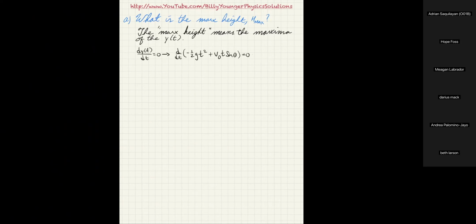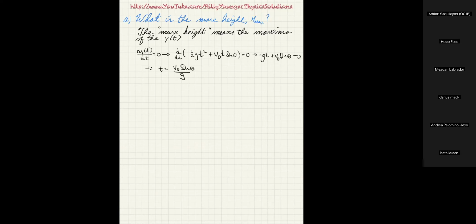The derivative of this with respect to t is negative 2gt, or excuse me, negative gt, because the negative 1/2 is going to cancel out with the 2 that comes down from taking the derivative of gt squared. So this is going to be negative gt plus v0 sine theta is equal to 0. Therefore, we conclude that t is equal to v0 sine theta over g.